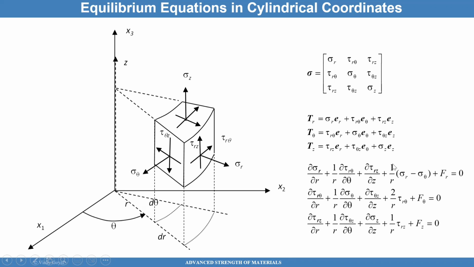The equilibrium equations are a little more complex, but nothing to be worried about. The equilibrium equations look like this, where Fr, F theta, and Fz are the body forces that correspond to the radial, circumferential (tangential), and z directions. So this allows you to study spinning disks and other things like that, and we'll be looking at that later.